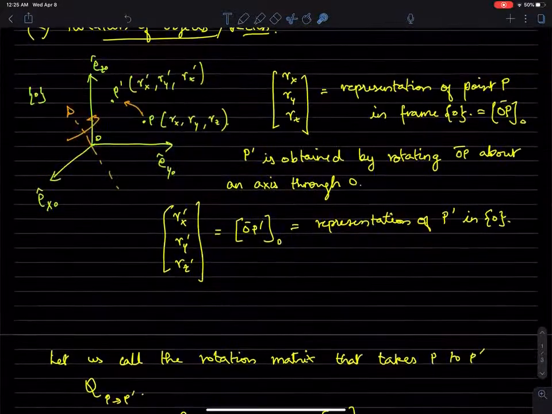Here, on the other hand, we have just a single representation, but the point sort of moves.